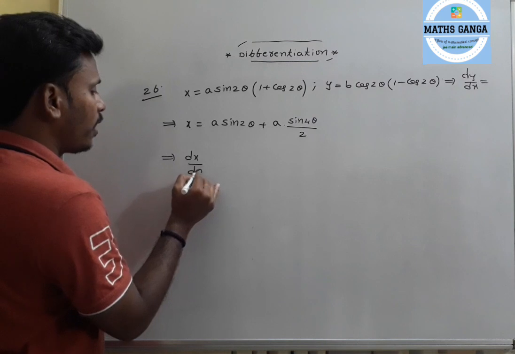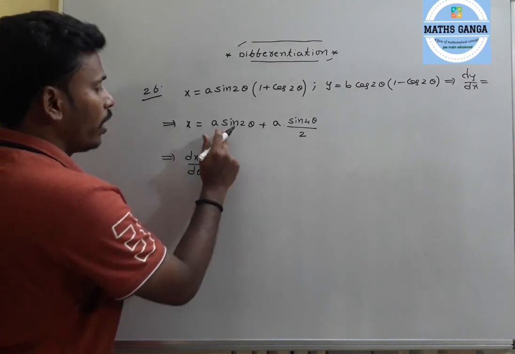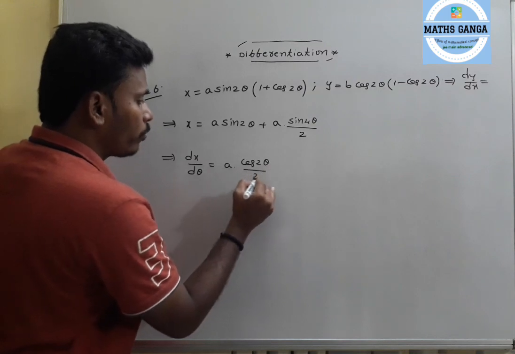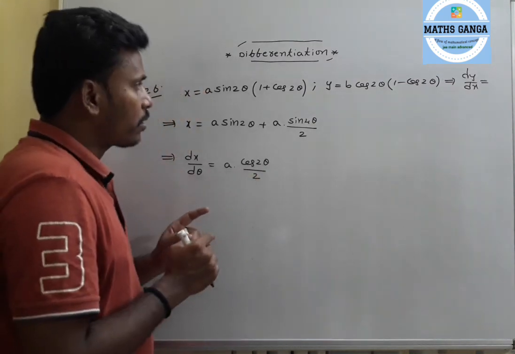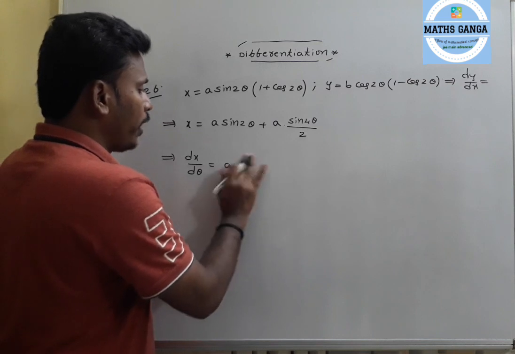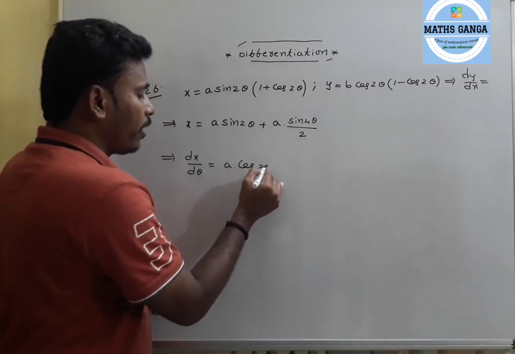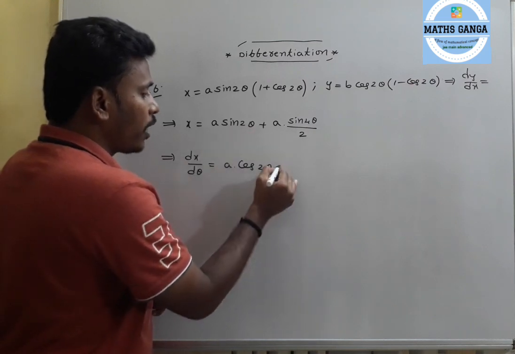Now, what do you say about dx by d theta? Dx by d theta is equal to a into derivative of sin 2 theta, cos 2 theta by 2. Derivative of, just a minute, it's not by 2, it's into 2, right? Derivative of sin 2 theta is cos 2 theta and derivative of 2 theta is 2.